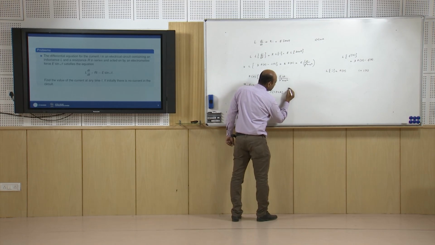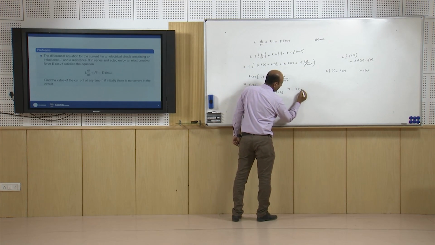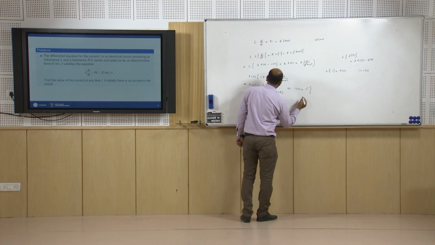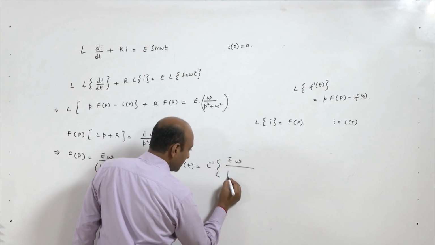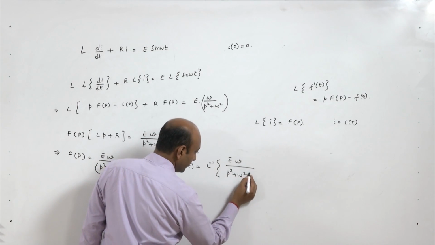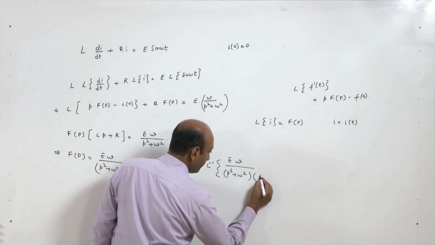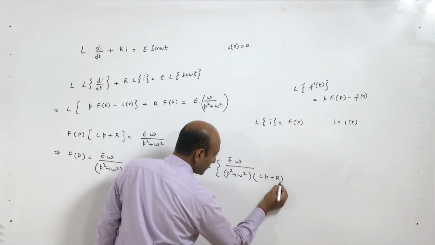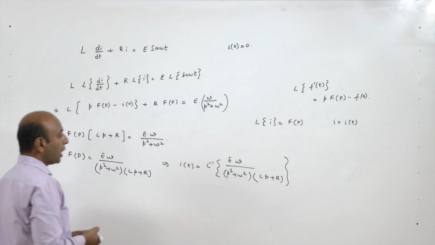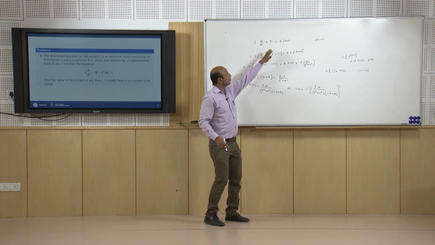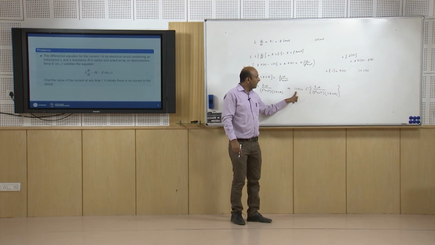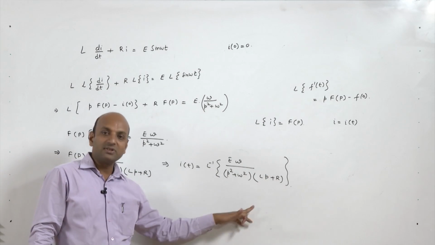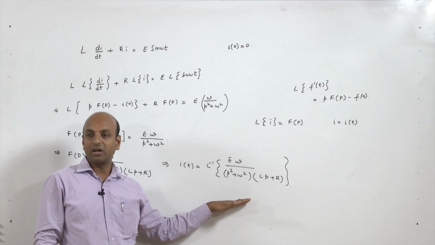So, this implies I(t) will be the Laplace inverse of E omega upon (p square plus omega square) into (Lp plus R). Now, to find the solution of this differential equation I(t), we have to find the Laplace inverse of this expression. This is the only thing left now.